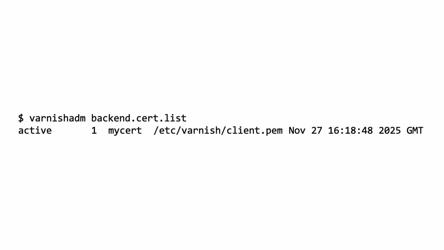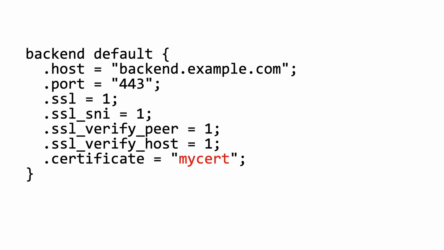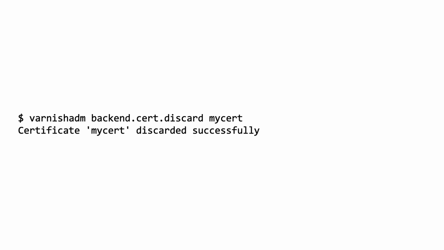And if you perform Varnish ADM backend.cert.list, you can see the list of certificates with their unique identifier, the path, and also the expiration date of the certificate. And then in the same way, you can define a .certificate parameter in your backend that refers to that certificate that was mentioned. If you want to discard certificates, it's simply a matter of calling Varnish ADM backend.cert.discard and mention the unique parameter.